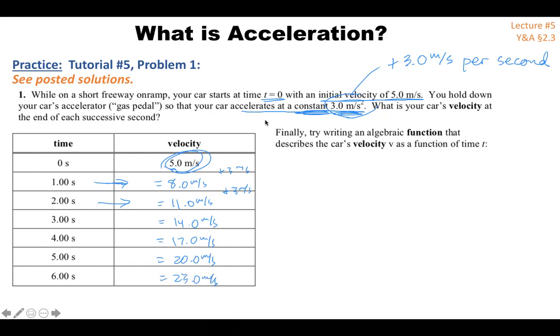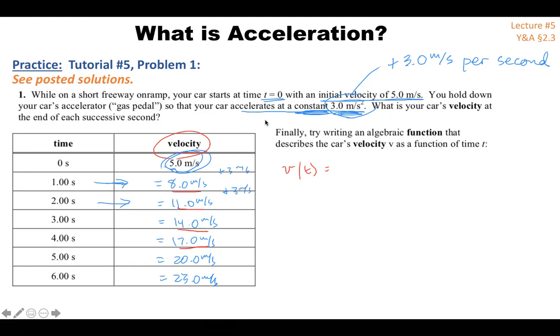Do you think we could figure out a way to write an algebraic function that would describe what this car's velocity is over time? So could we say, okay, at any future time t, the velocity of the car is going to be equal to what? Well, what was the mathematical algorithm we just used to calculate all of these later velocities?